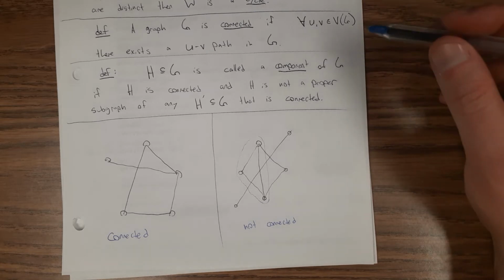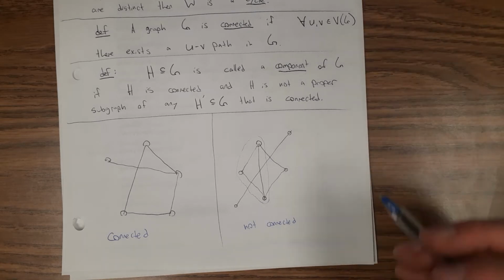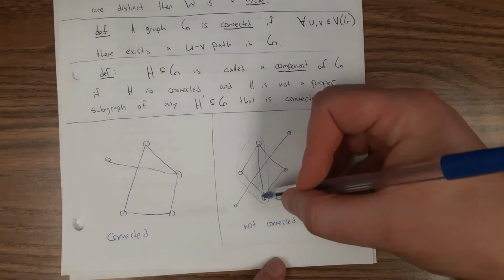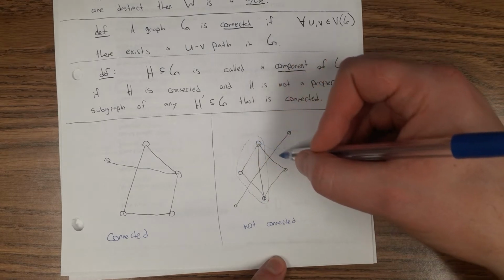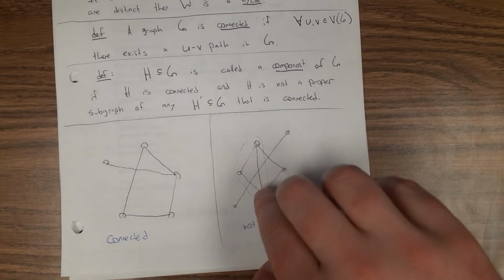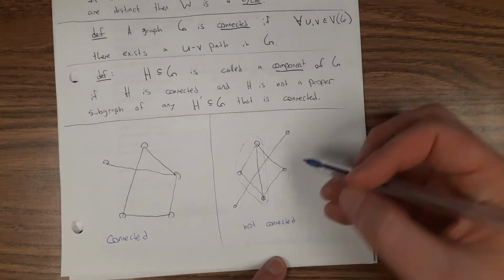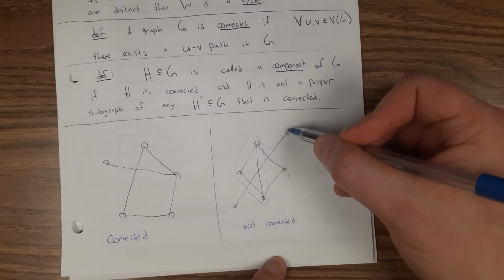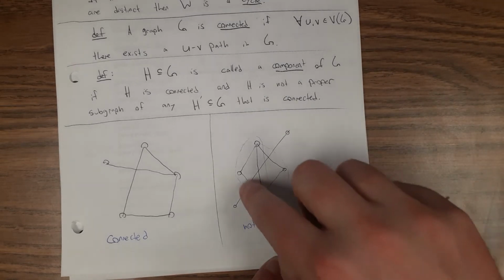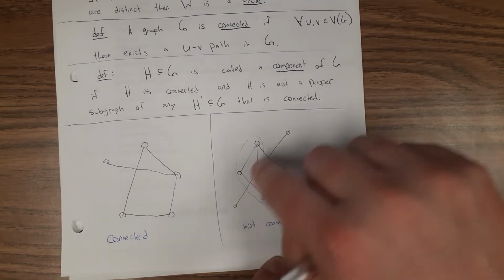So to call it a component, we really require that you couldn't make the subgraph any bigger and have it stay connected. If I circle these four, that is a component, because if I try to include anything more now, the only thing more that I could include is maybe this vertex or this vertex, and if I did that, it would no longer be connected because there's no way to get from these four to either of these two.